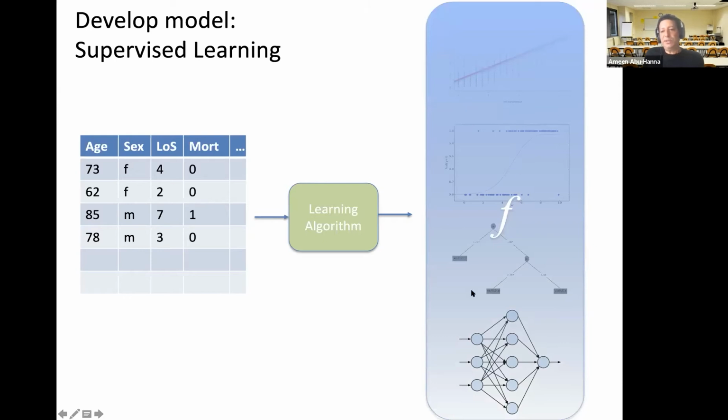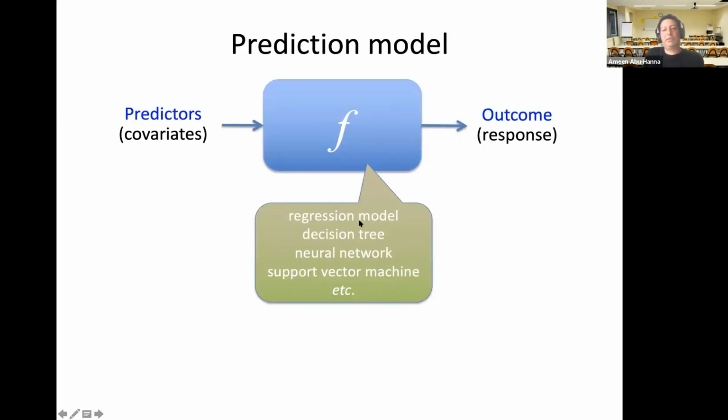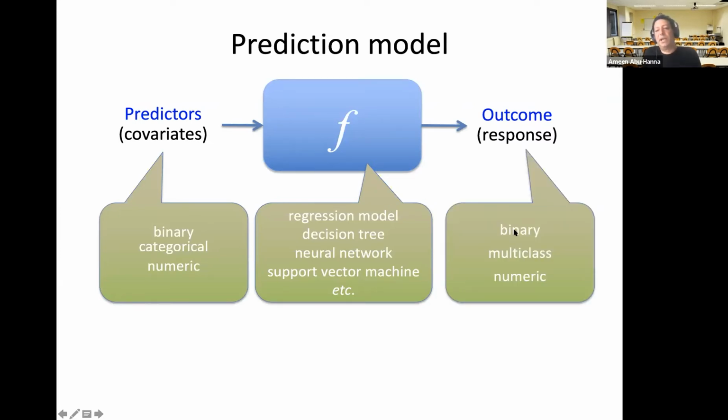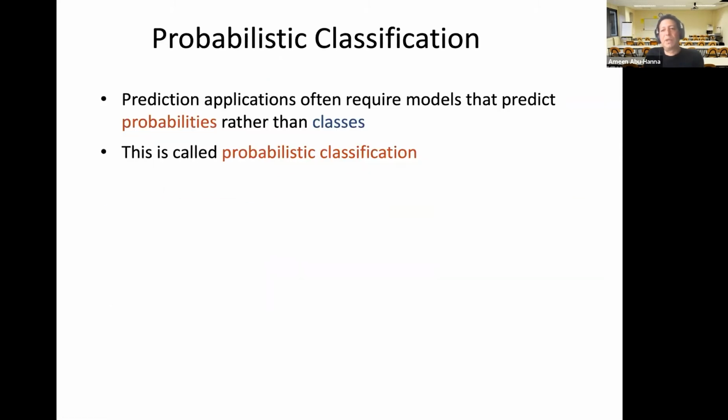And these models can have different forms. They can be regression models, support vector machines, whatever. They get inputs, which can be binary, categorical, or numeric variables, and the outcome can also be binary, multi-class, or numeric. For today, we will focus only on binary outcomes. And more specifically, we will focus on probabilistic classification.